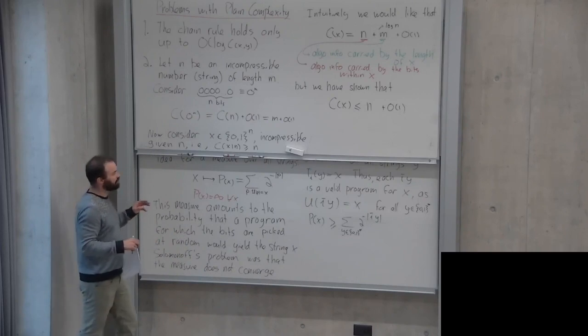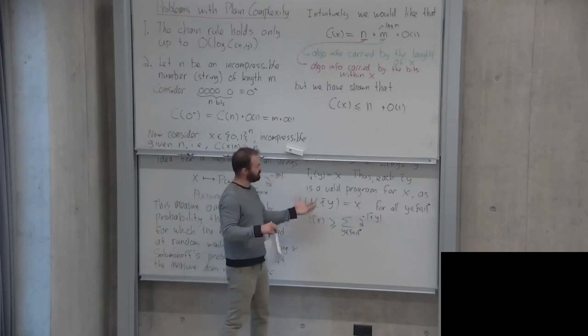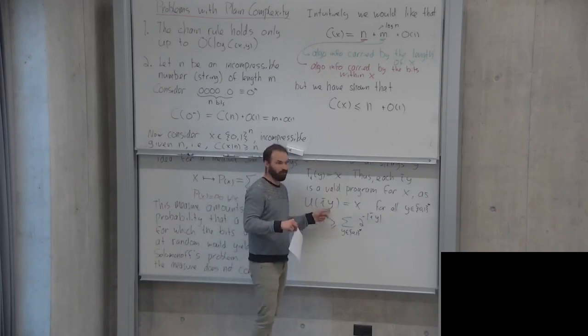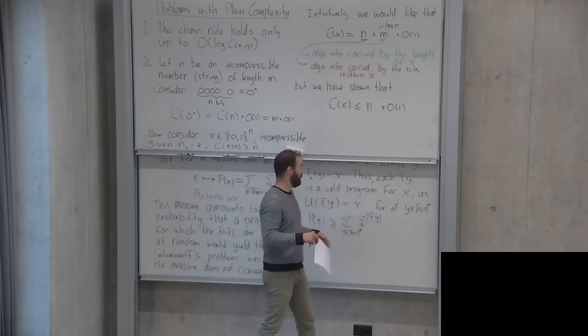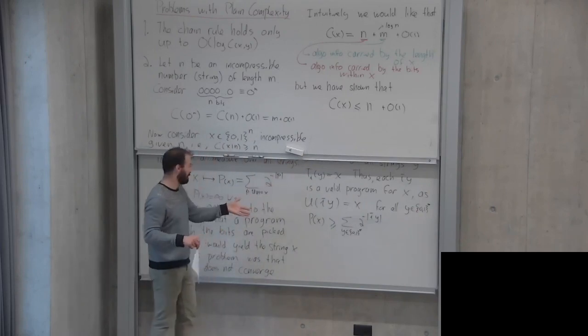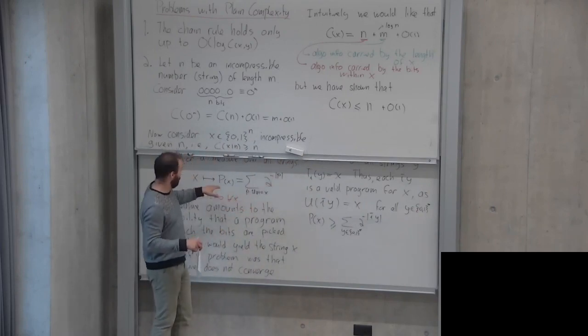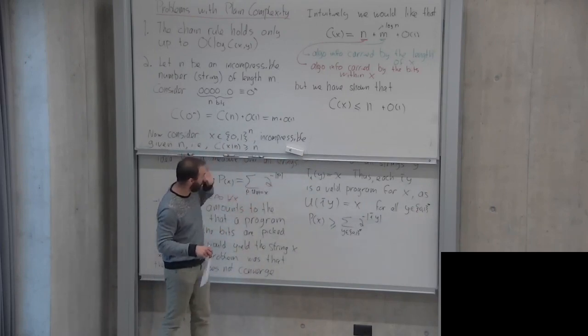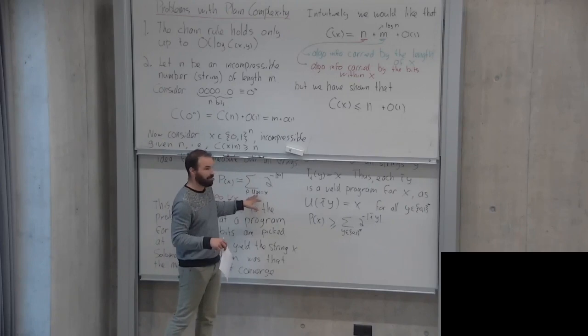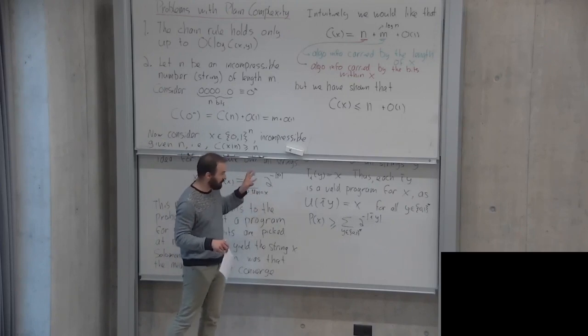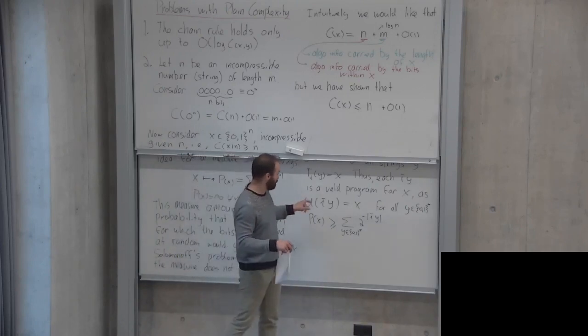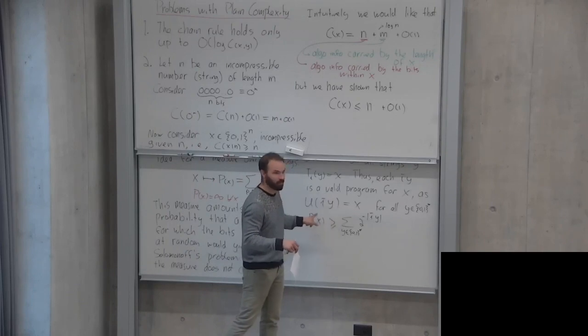Okay, just to repeat, I've exhibited a family of programs labeled by y, for all y in bit strings, that generate x. Now, the definition of P of x is the sum over all programs for x. And I'm going to only constrain my attention to summing over this family of programs. So this is why P of x is going to be larger in general.